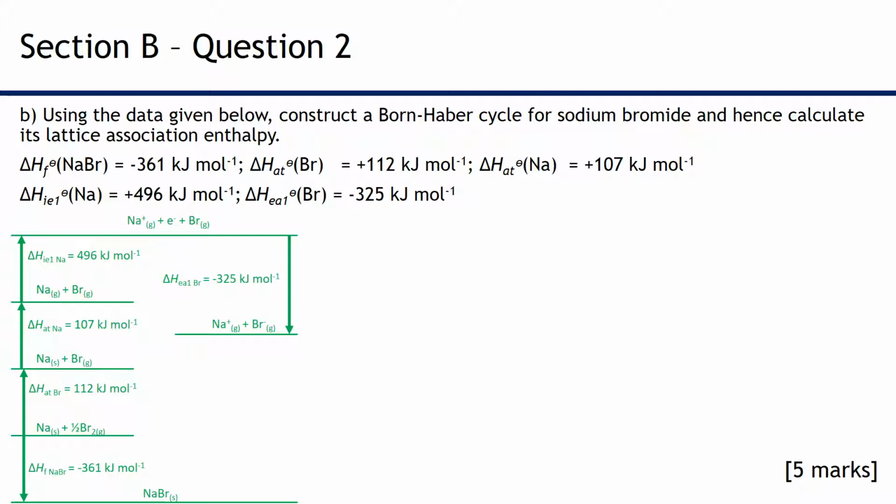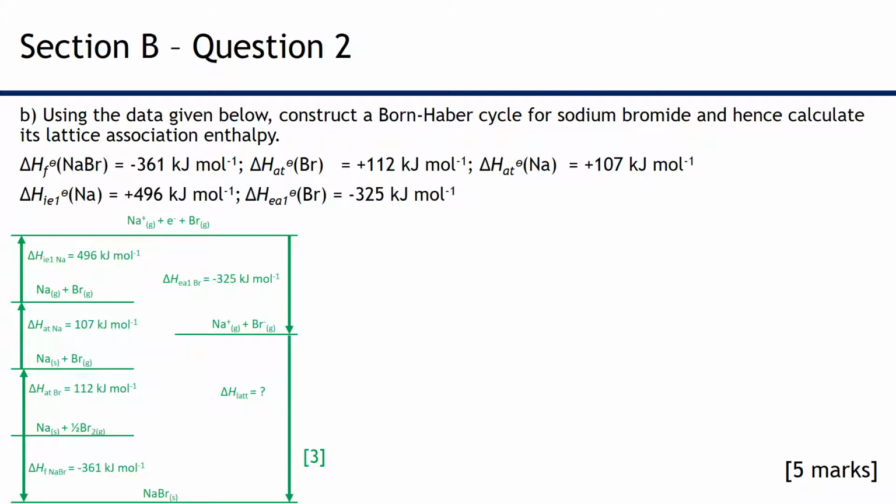And because that value is negative, instead of going upwards, we're going to go down from that top point there. We now have sodium as a cation and bromine as an anion, and from these we can add them together to form the sodium bromide as a solid, and the enthalpy change we'd see if that occurred would be the same as the lattice enthalpy.